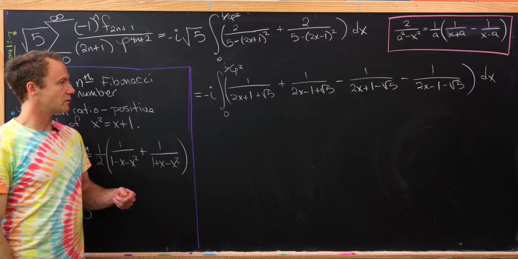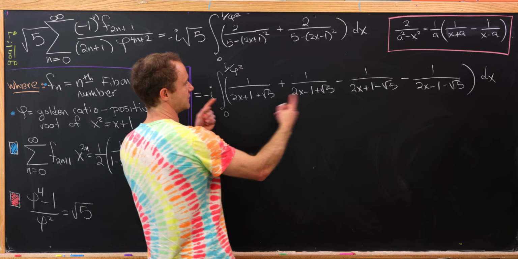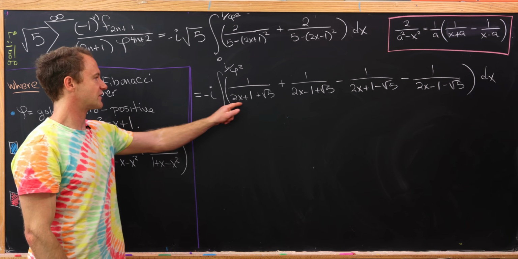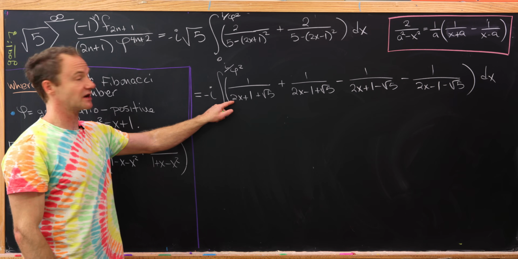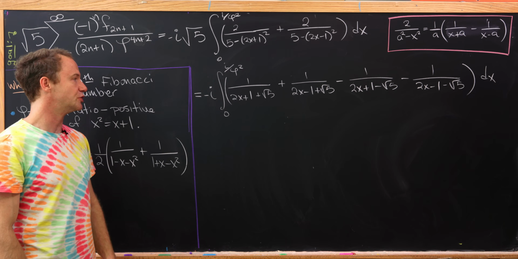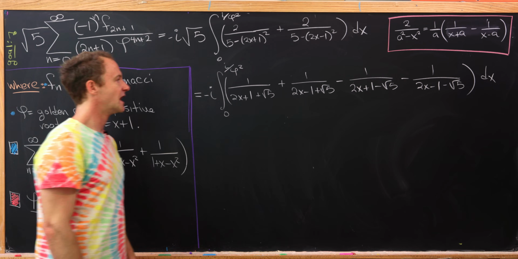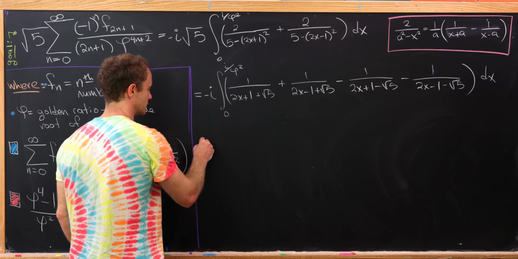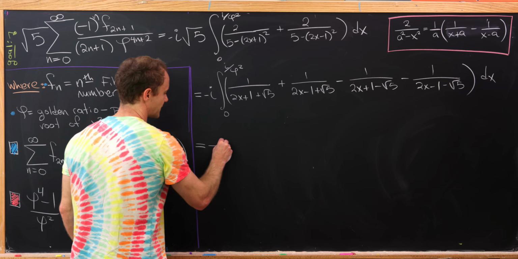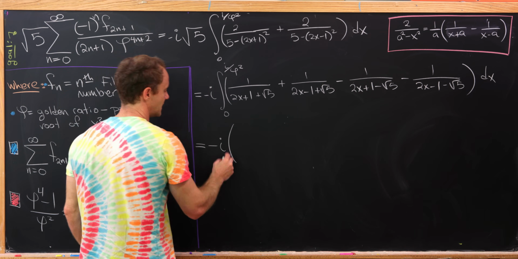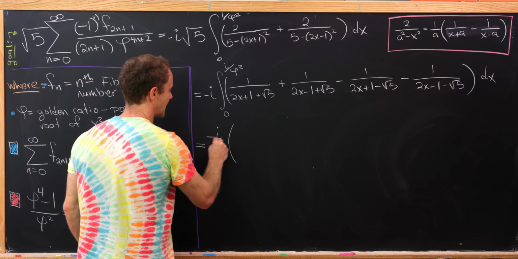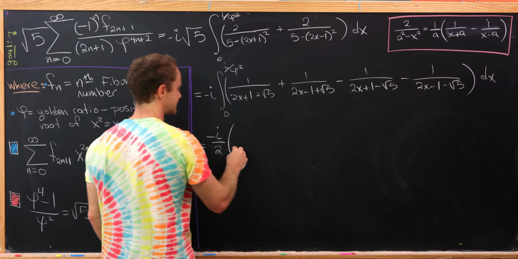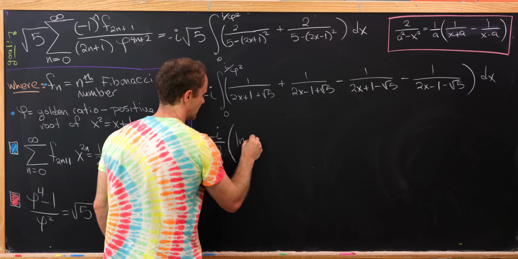Well, from here we've got standard antiderivatives. They'll be logarithms. So we'll have the log of this denominator. Well, that's actually going to be times 1/2 because we have this 2 as a multiplier of x. And I'm going to group the 2 pluses together and the 2 minuses together using logarithm rules. So that's going to leave me with minus i over 2, because I get a half for all of those antiderivatives. And then I'll have the natural log.